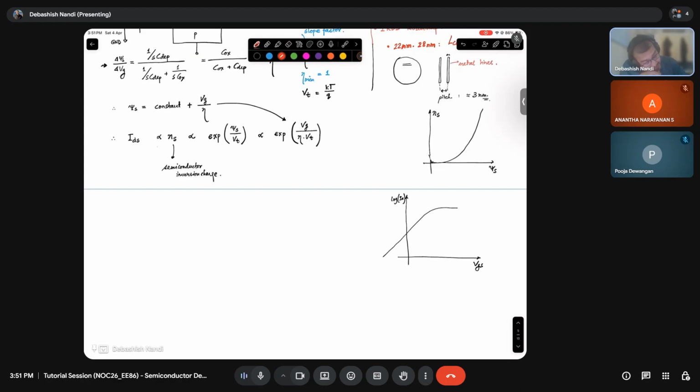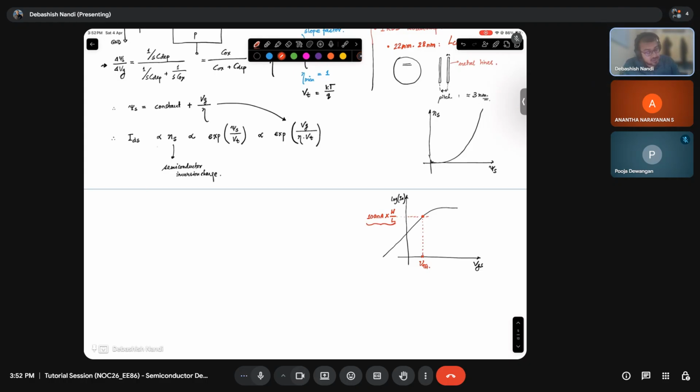I generally take a constant current and then determine what my threshold voltage is. That constant current is generally taken at 100 nanoampere times W by L. Have you heard of this? Yes, sir. No, no, 100 nanoampere times W by L is the current.